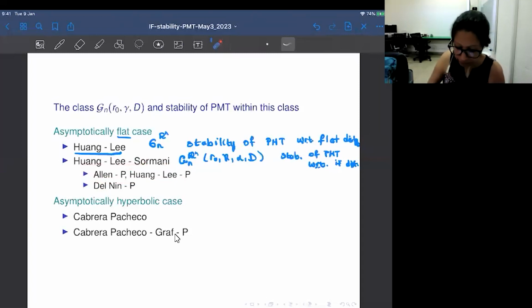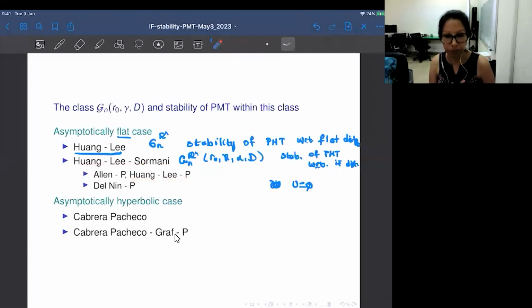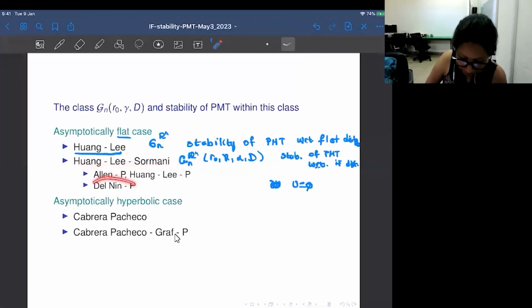So when boundary of U, or when U equals the empty set, and then in the other case with Huang and Lee. And this is using a completely different proof of what Huang and Lee-Sormani had in mind. So this is very different. And then with Del Nil, we prove what Huang, Lee, and Sormani wanted to prove. So we fill in that gap.